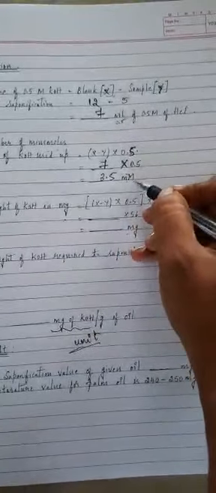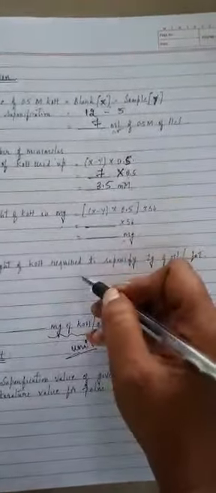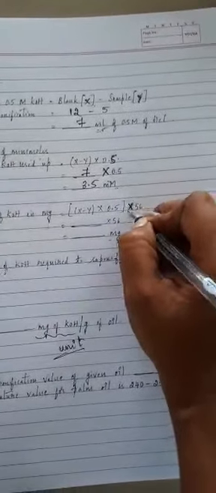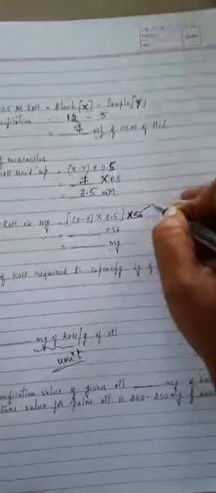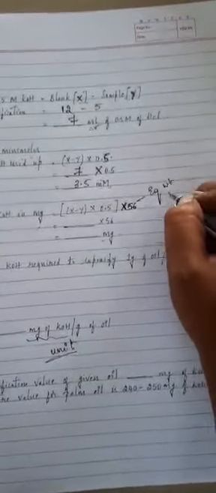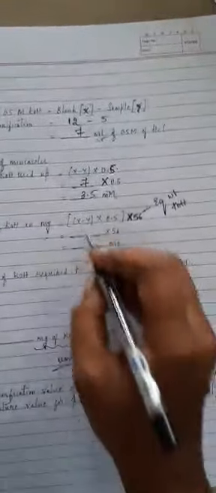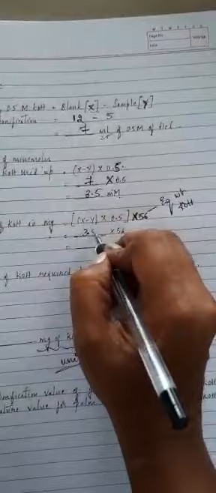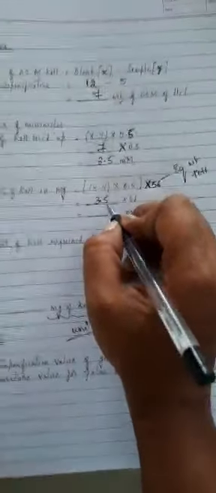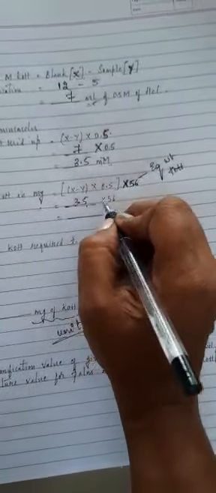Now this millimole has to be converted into milligram, so you have to multiply by the equivalent weight of KOH. It is how much? 56. So this is the equivalent weight of KOH. So we have 3.5 millimoles, that into 56.